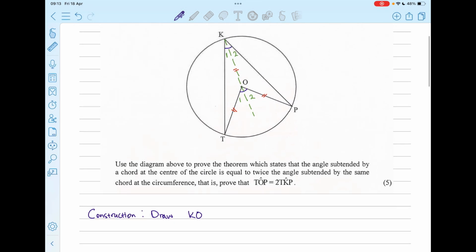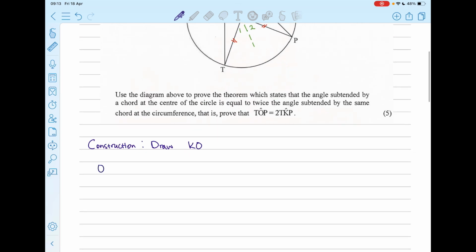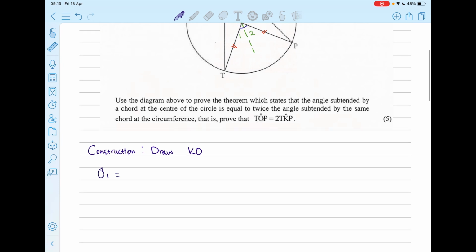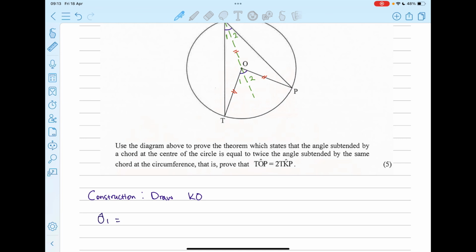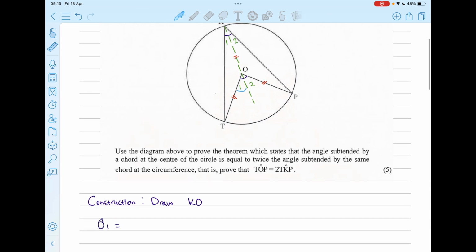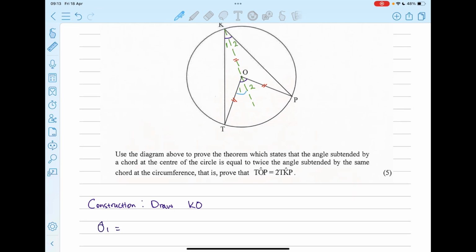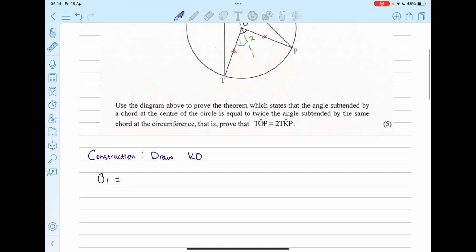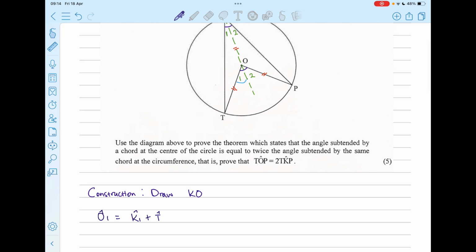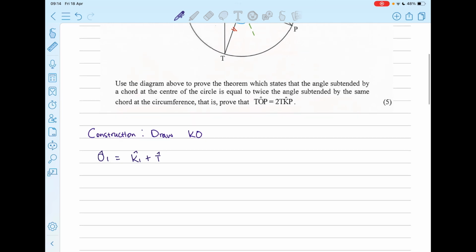So first step, we are going to say that the angle O1, that exterior angle over here, this one, will be equal to K1 plus T. So O1 is K1 plus angle T. And the reason for this is because of the exterior angle of a triangle.